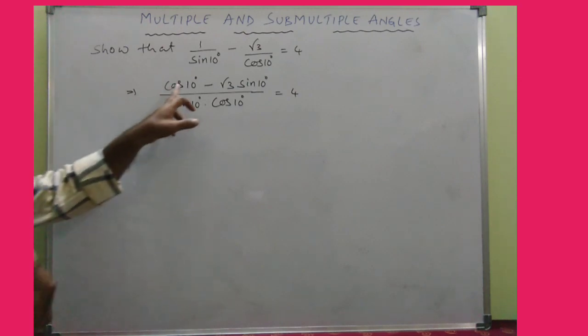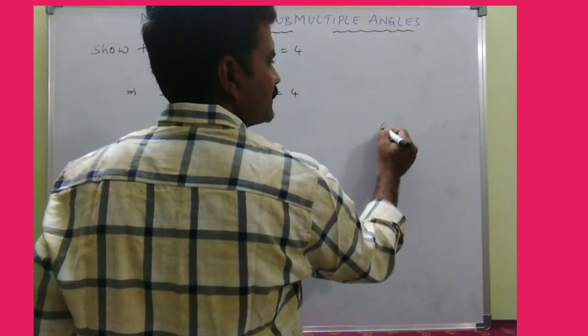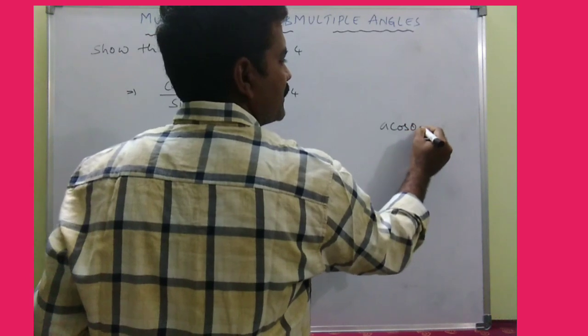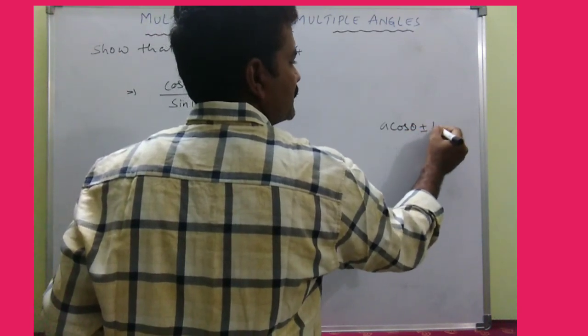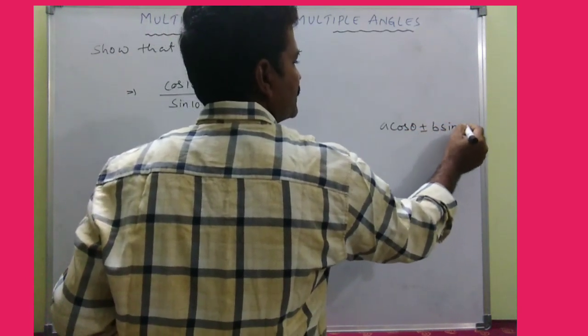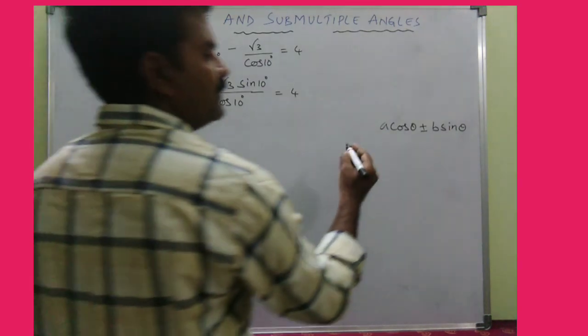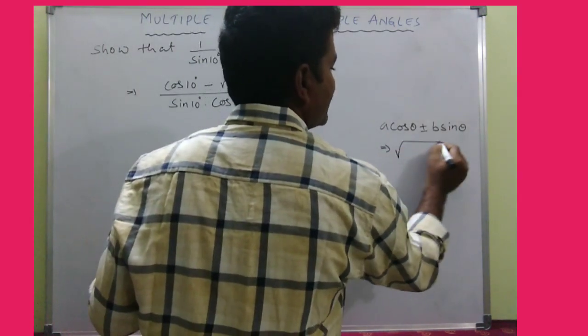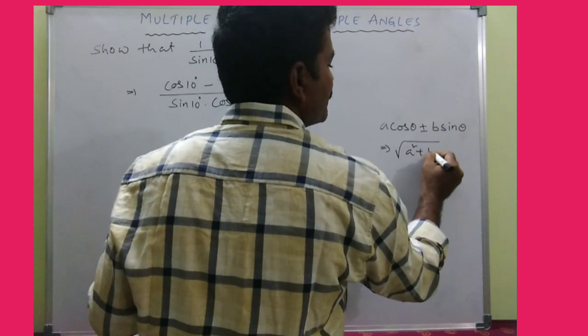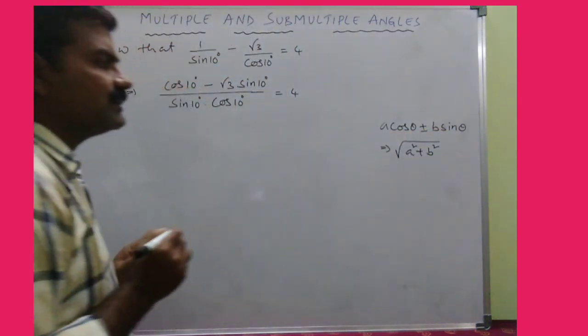Now you see, especially the numerator is like a cos theta, either plus or minus b sin theta. If the numerator is in the form of a cos theta plus b sin theta or a cos theta minus b sin theta, then we have to divide by root of a square plus b square, what we learnt already.